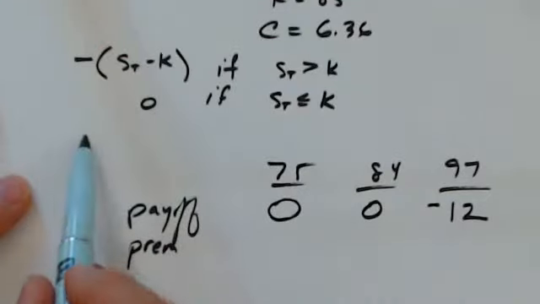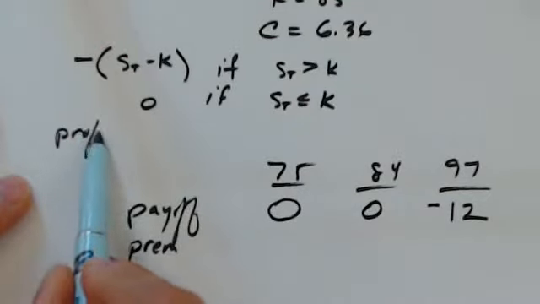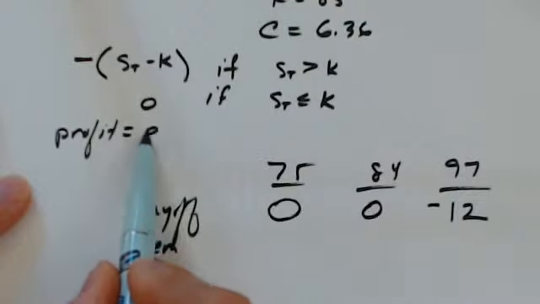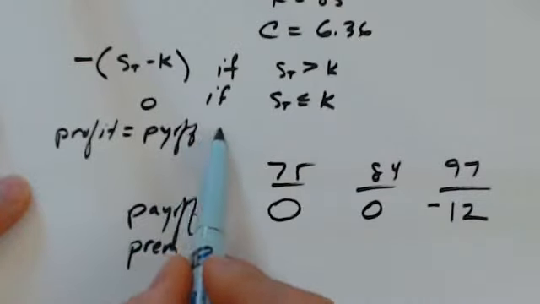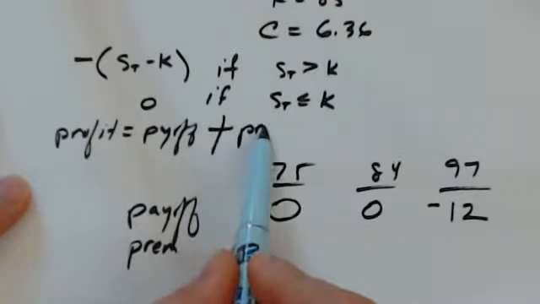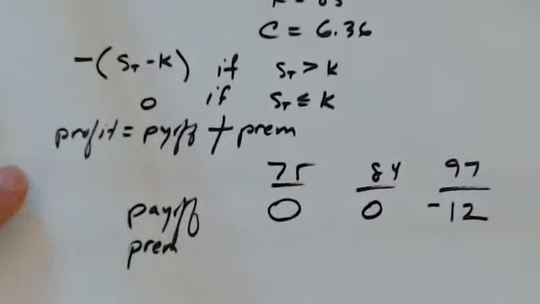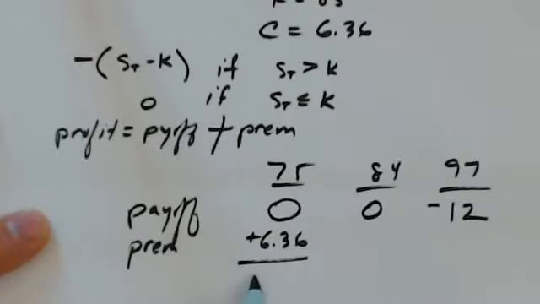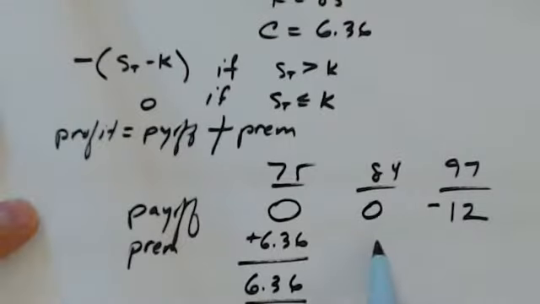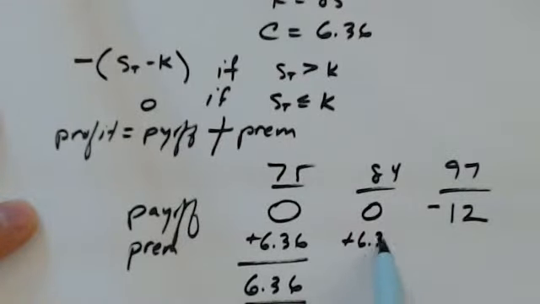And I forgot to put the profit here. The profit equals the payoff plus the premium. Okay, payoff plus the premium, because you're collecting the premium. And so you make 6.36. And you make 6.36 in this situation.